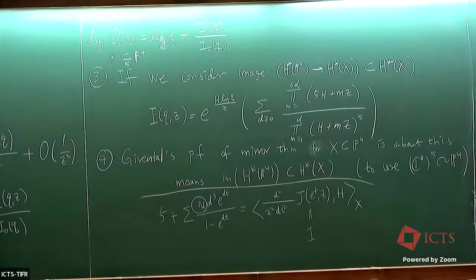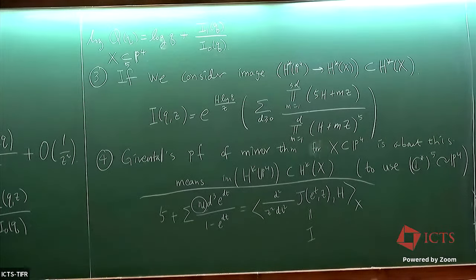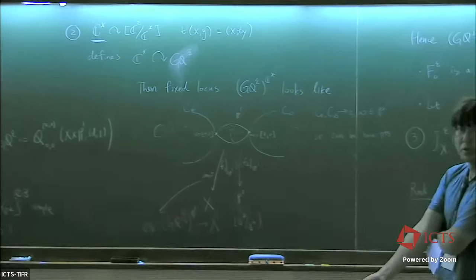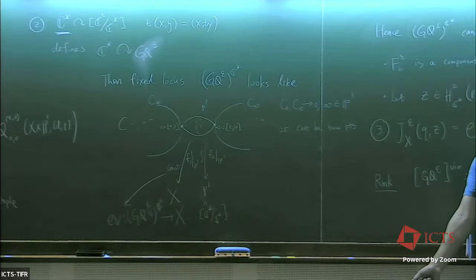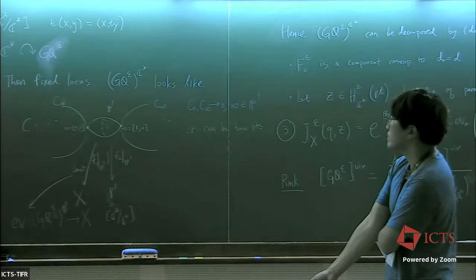Okay, we have a question. Hello. Yeah, can I? So the fixed locus in the picture, is it stable, or how do you check that it's stable? So we are considering only stable objects. I mean, is it stable? There are only two markings, right? You need three.